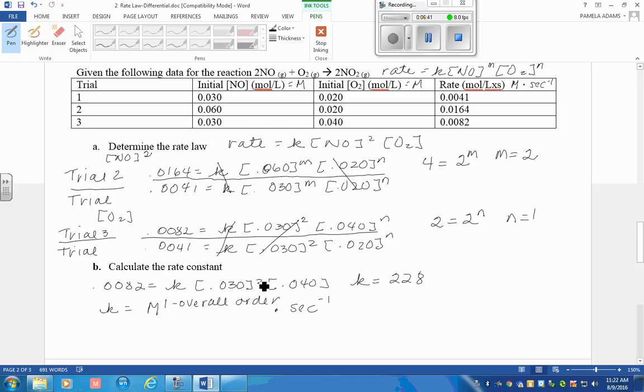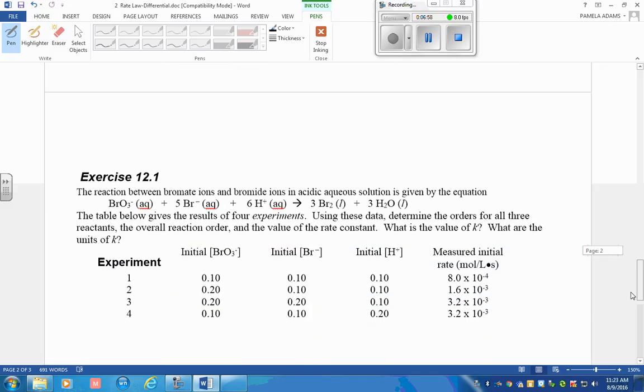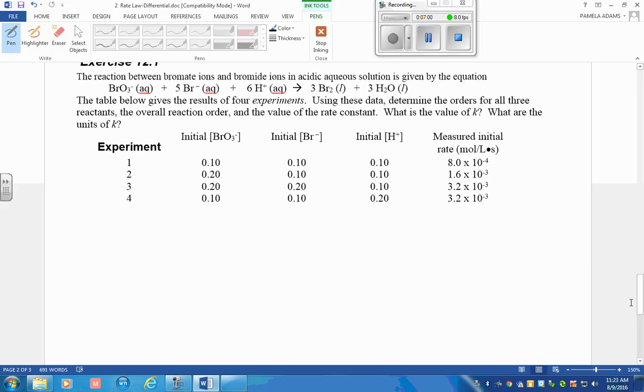The overall order here is 2 plus 1, which is just 3. So this would be 1 minus 3, which is negative 2, times seconds to the negative 1.